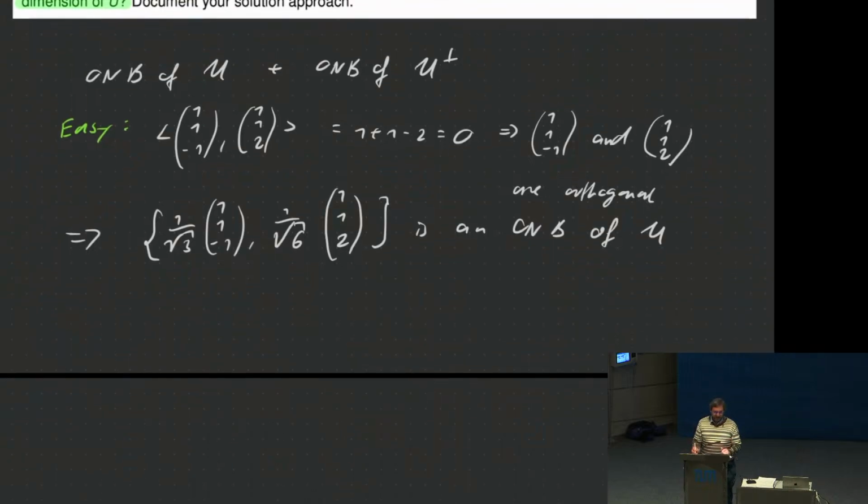And then let's just guess the third one. If you look at those closely, you see they both have a 1, 1 here. So, for example, we could take a vector like 1, minus 1, 0. The scalar product of that one with this is 0, and the scalar product of that vector with this is also 0. So it's orthogonal to both of them.